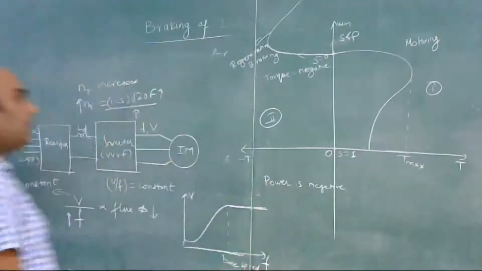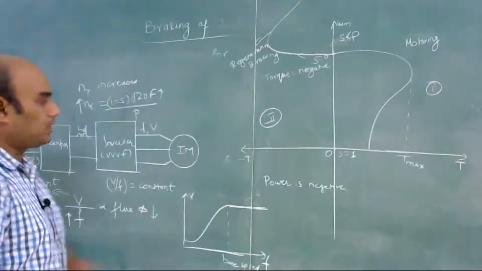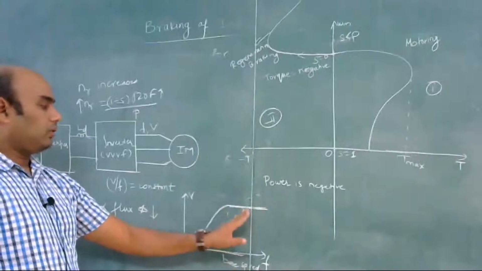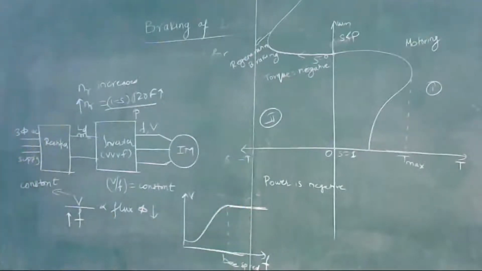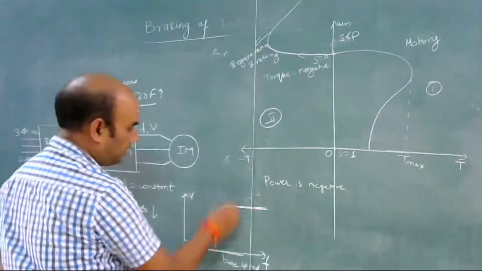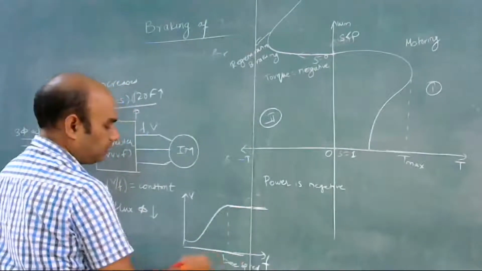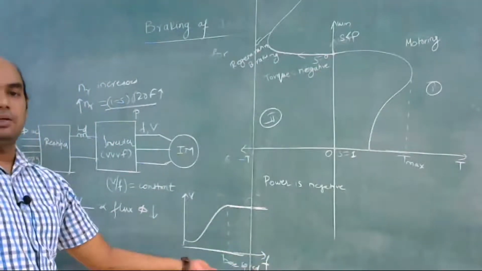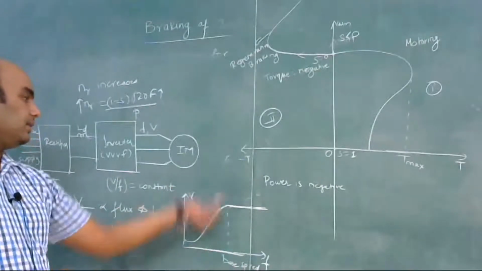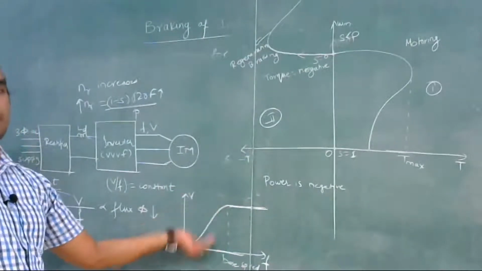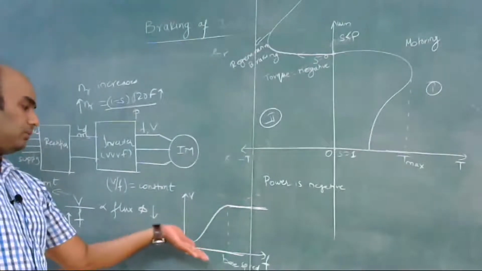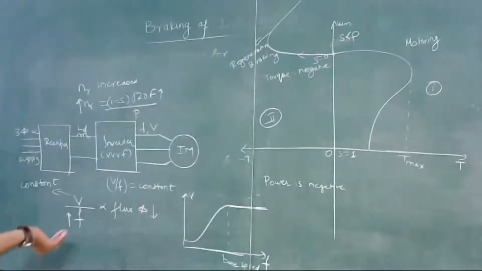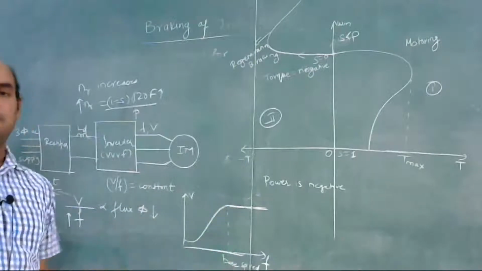Power is getting fed back to the supply. The disadvantage is that you can't use this regenerative braking below base speed. It is only possible beyond the base speed, so below base speed regenerative braking cannot be operated in a three-phase induction motor.